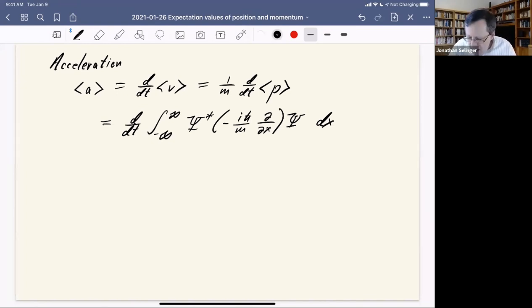Now we can go through the same kind of procedure as before. We put the time derivative into the integral, and then we keep simplifying by plugging in Schrodinger's equation.